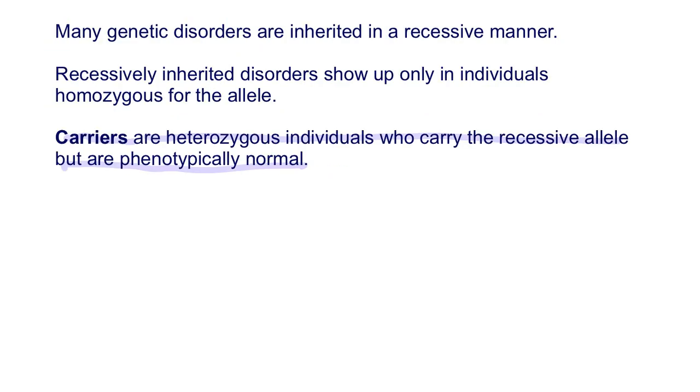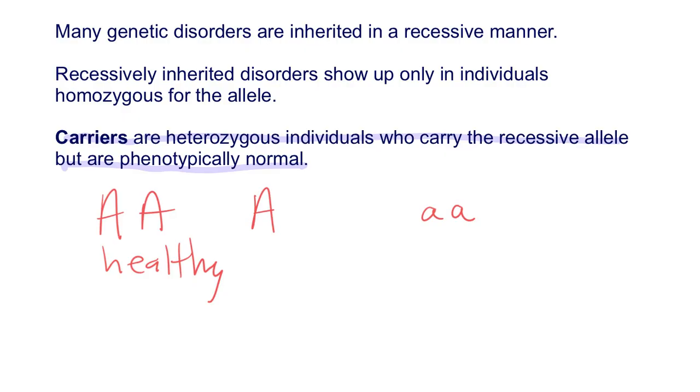Many of these genetic disorders are due to recessive genes, a completely dominant-recessive situation. For example, if you have big A, you're healthy. If you have little a, you're sick. And if you have big A, little a in your diploid cells, you're healthy, but you carry the recessive gene.